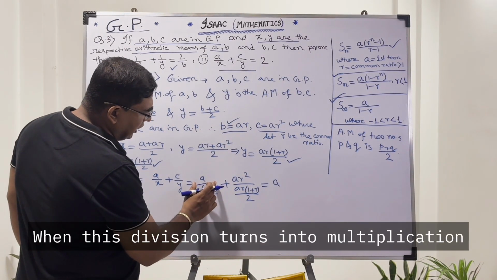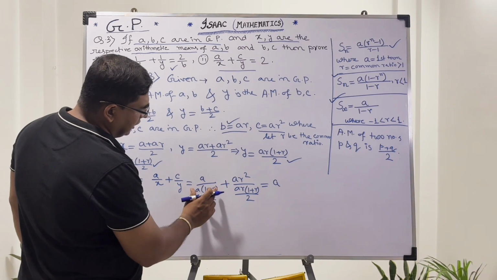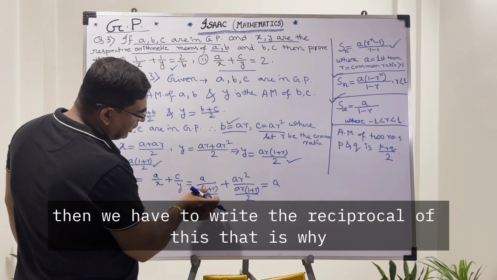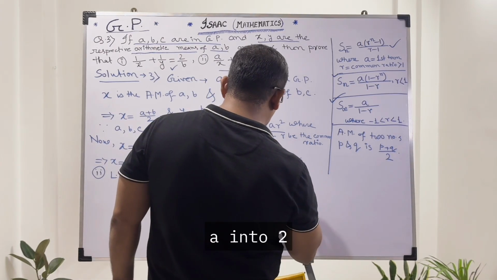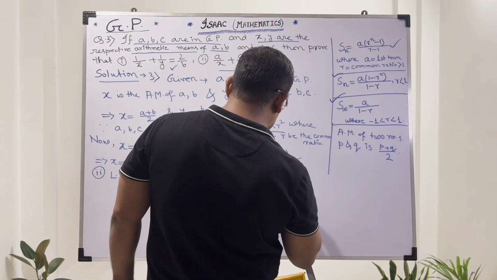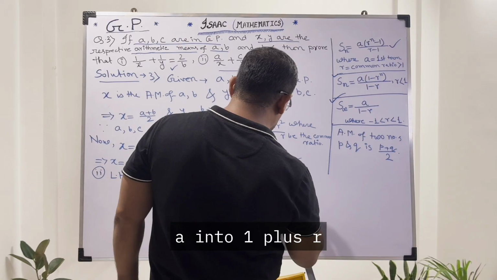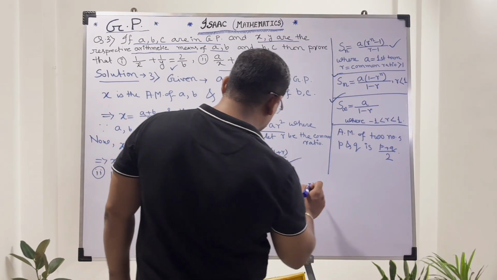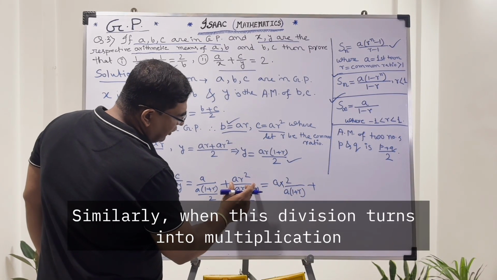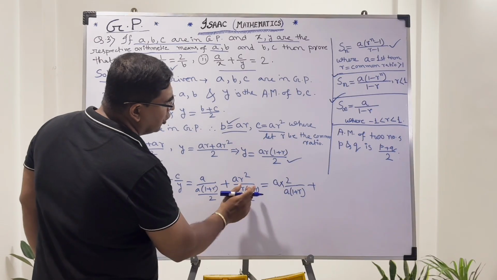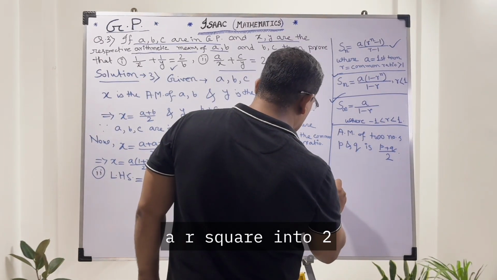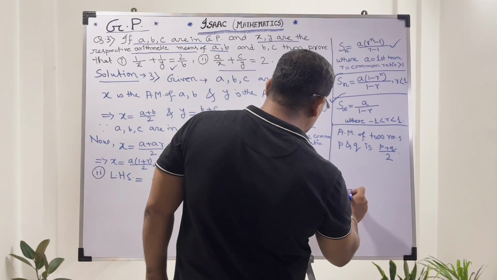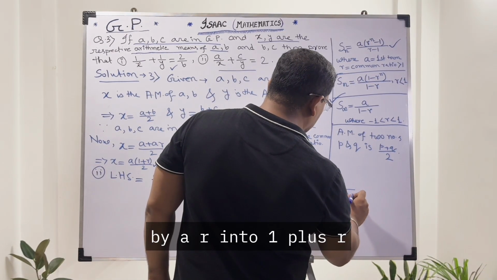When this division turns into multiplication, we have to write the reciprocal of this. That is why A into 2 by A into 1 plus R plus. Similarly, when this division turns into multiplication, we have to write the reciprocal of this. That is why AR square into 2 by AR into 1 plus R.